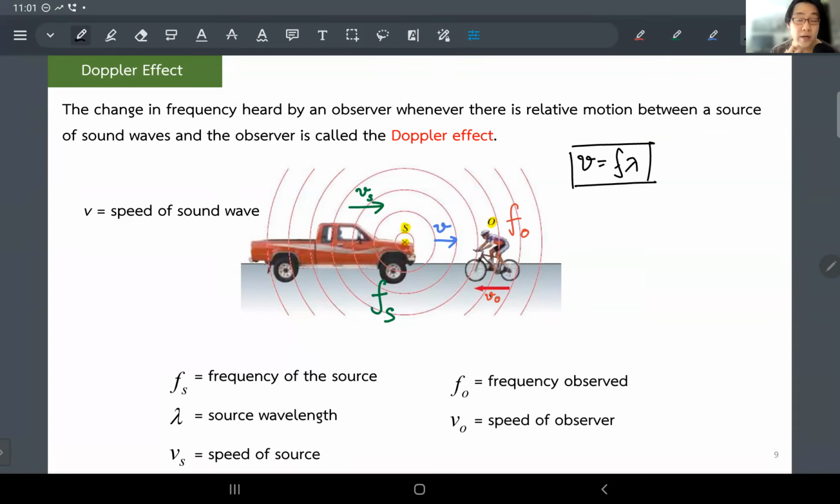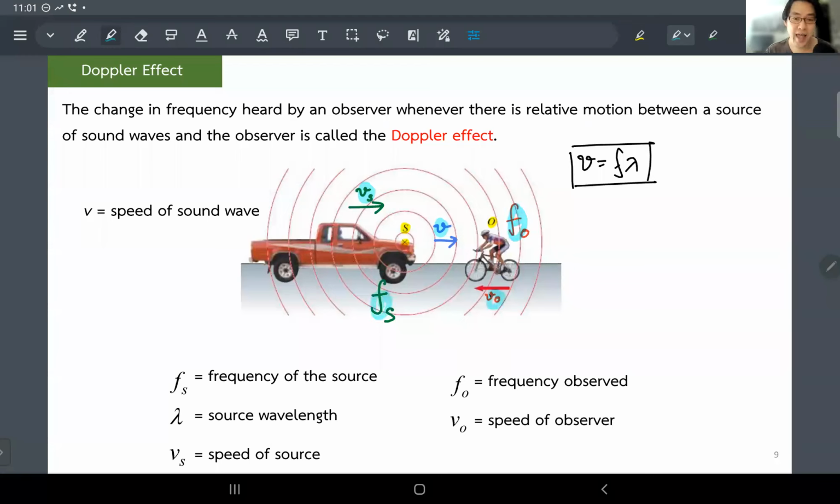That links the speed of the wave, the frequency of the wave, and the wavelength of the wave. Done. Overall, what you are seeing here is five things: 1, 2, 3, 4, 5.